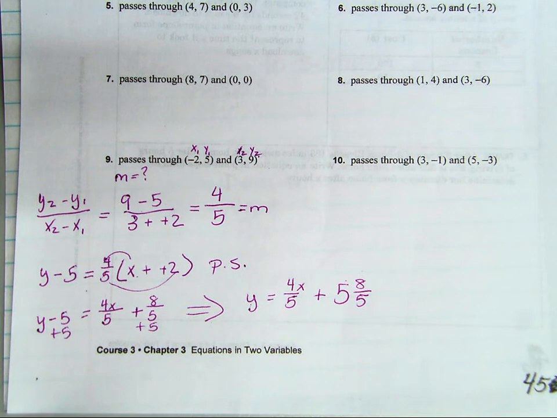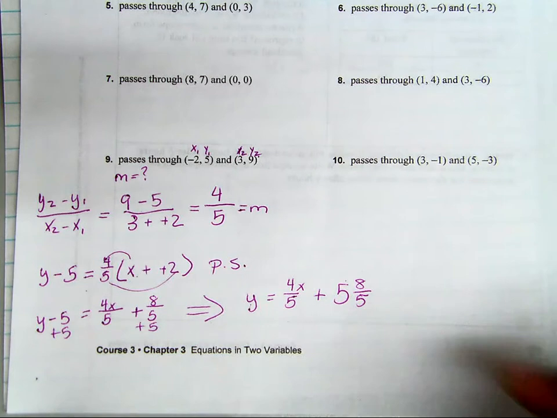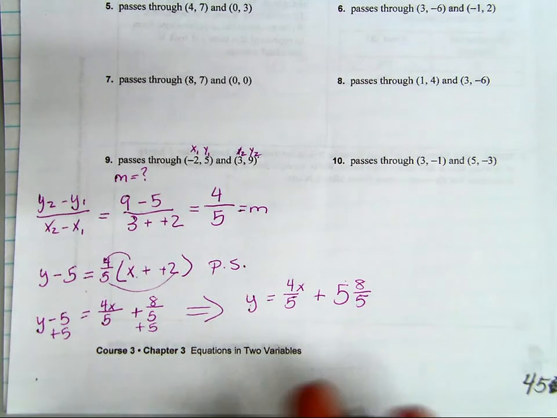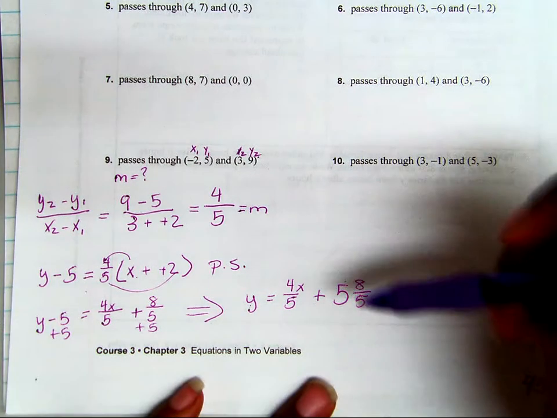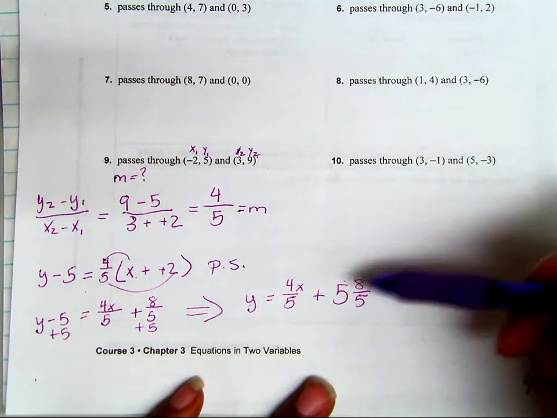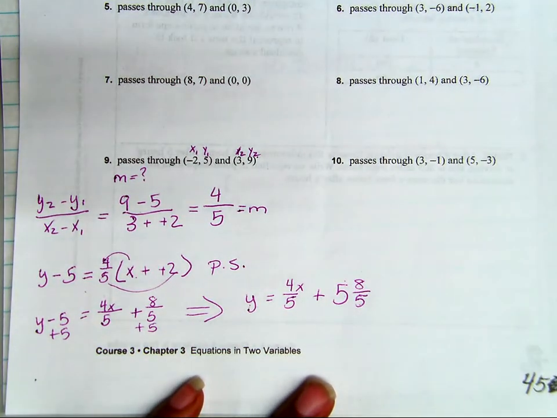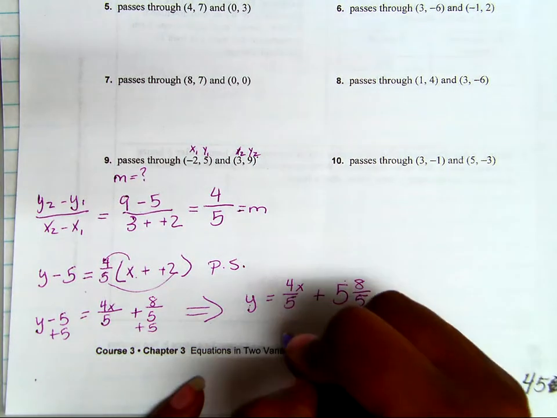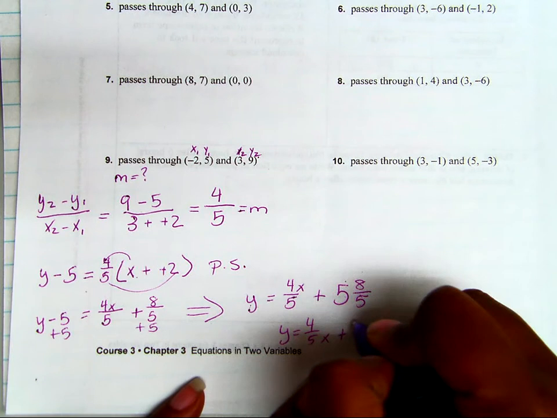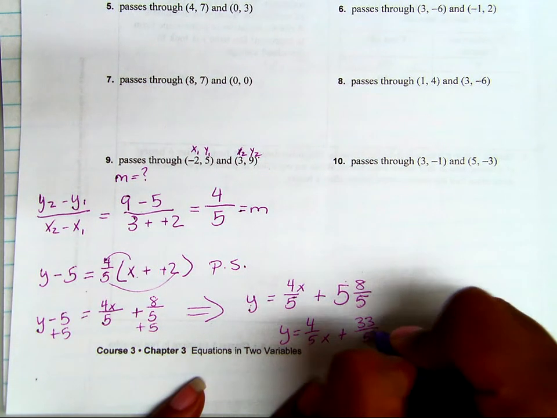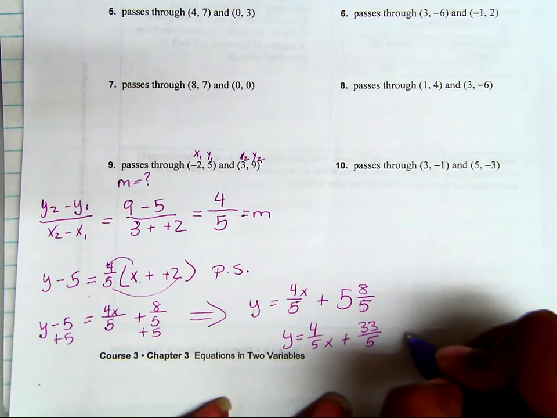It looks crazy, it looks funny, but I'm going to keep it. If you come in and you have this, I'll accept it. Why? Because I just did it on camera. But if you want to go the long way about it, 5 times 5 is 25, plus 8 is 33. So I can rewrite this as y equals 4 over 5x plus 33 over 5. And this is my slope-intercept.